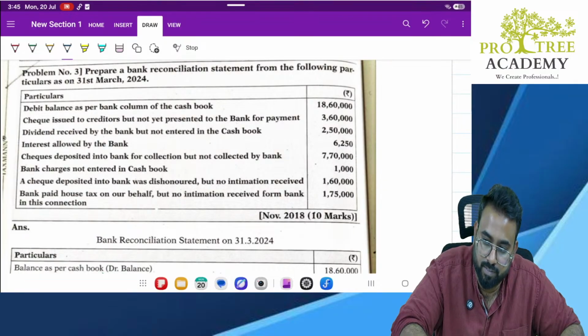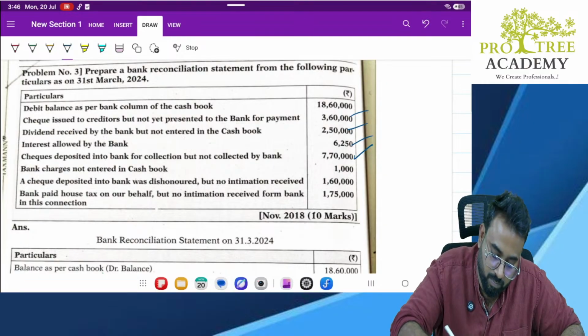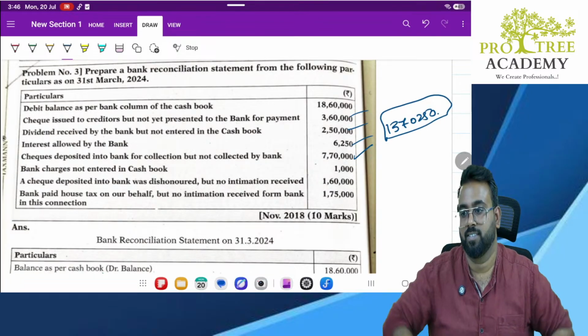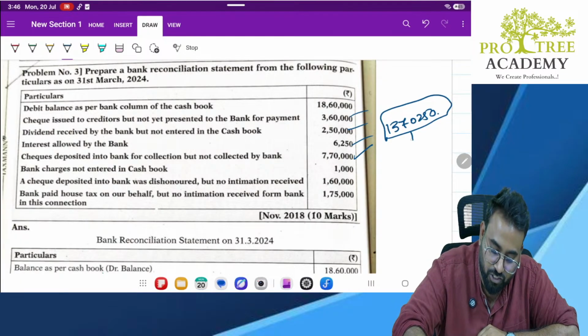Fourth one. $13 lakh. First answer has come up. 2 votes.